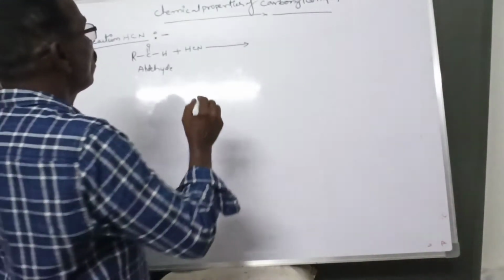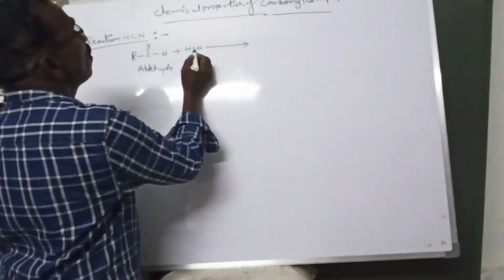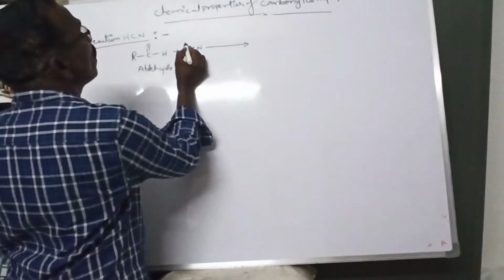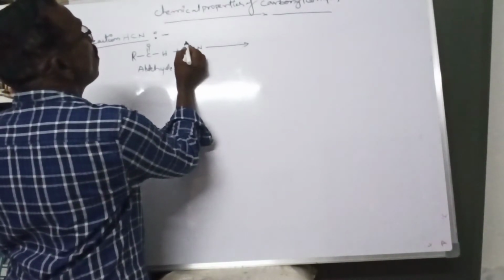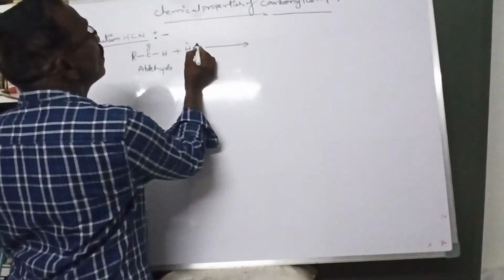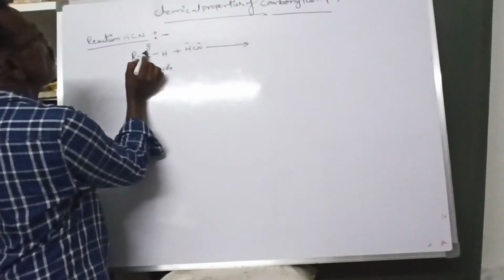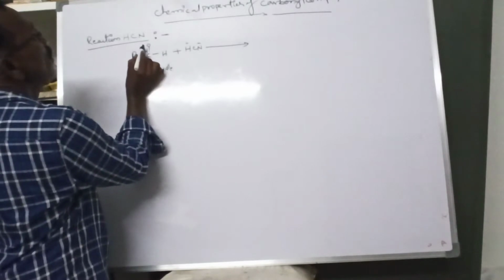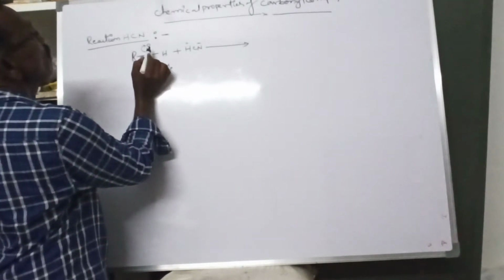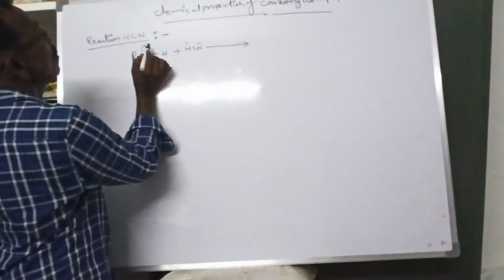Why? Because hydrogen cyanide ionizes to form H plus and CN minus ions. Here also the electron pair goes to oxygen, and partially negative and partially positive charges are formed.